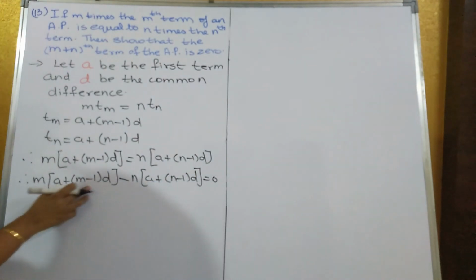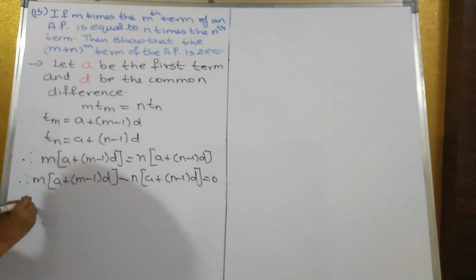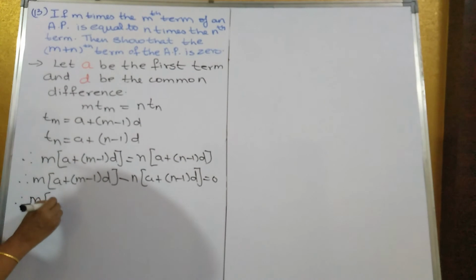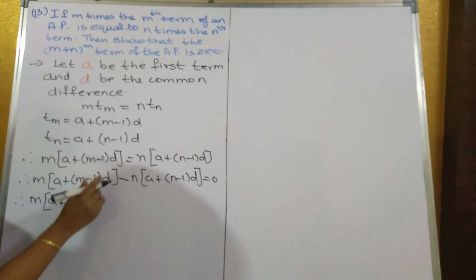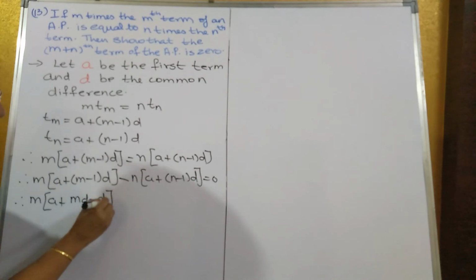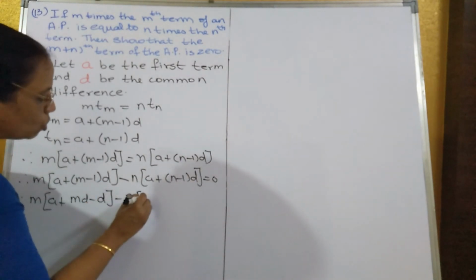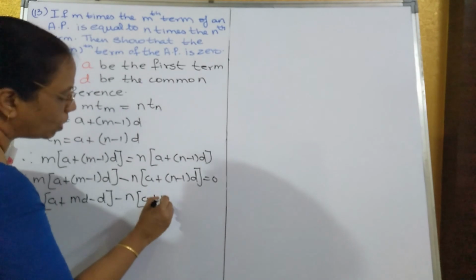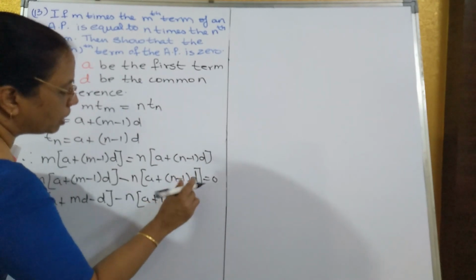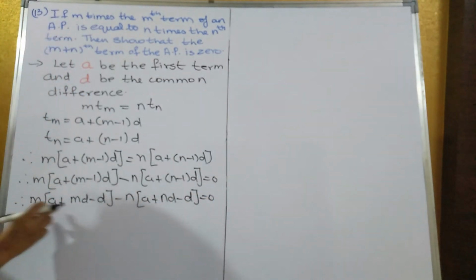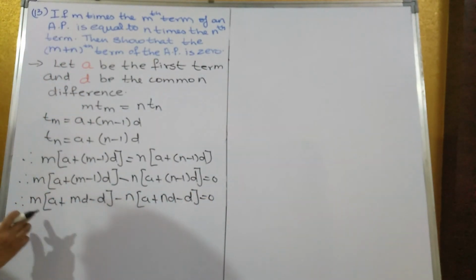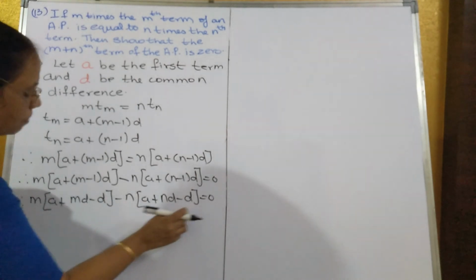is equal to 0. Now multiply this. Therefore m into a plus m into d is what? md minus 1 into d is what? d minus n into a plus n into d is what? nd minus 1 into d is what? d is equal to 0. Now multiply this inside, m into everything inside and n into everything inside.